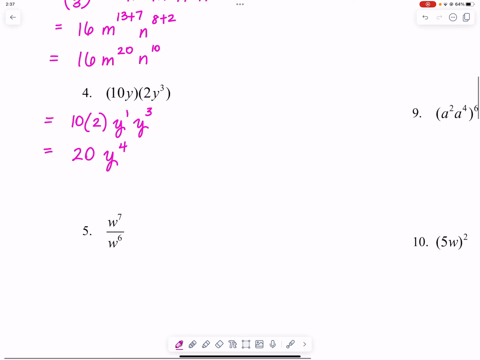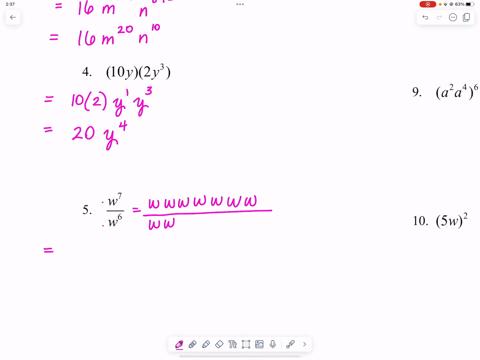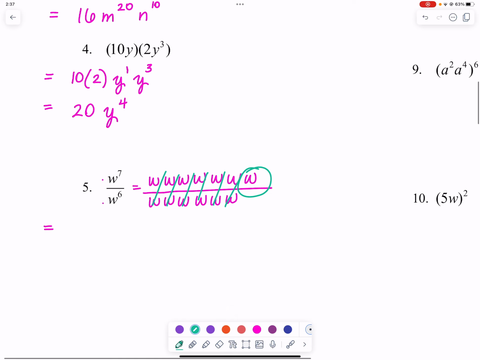Now, as you can see in number 5, we will be subtracting our exponents. So when we have the same base, you could almost think of this as 3, 4, 5, 6, 7 W's in the numerator and 6 W's in the denominator. And you could almost think of this as having 1 W remaining in the numerator.